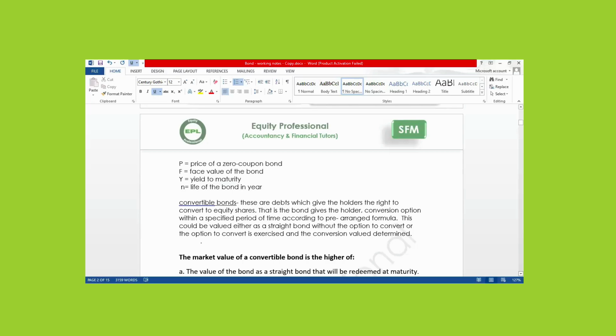There are two alternative methods of calculating price of a convertible bond. Alternative one, valuation as a straight bond.